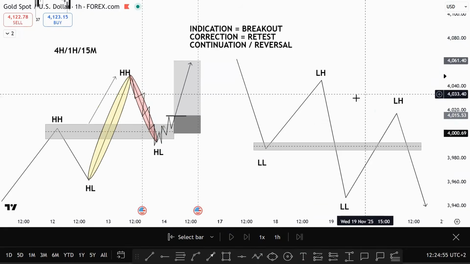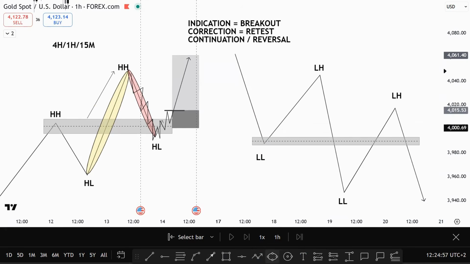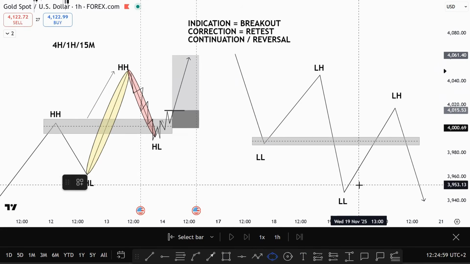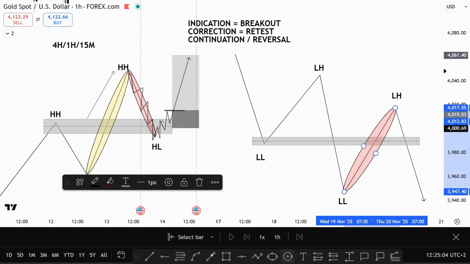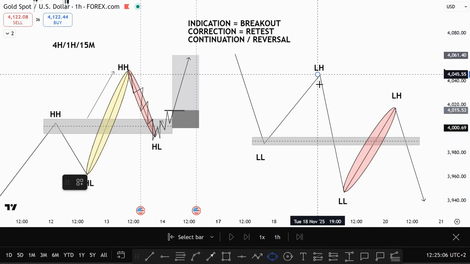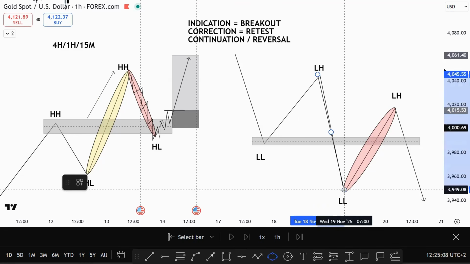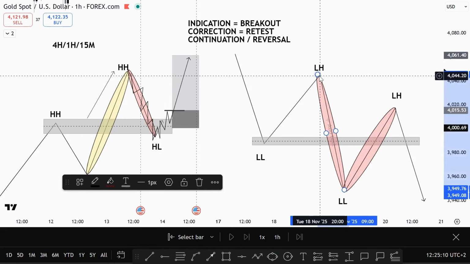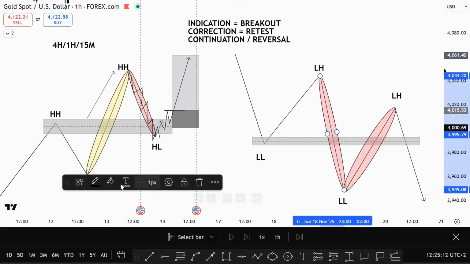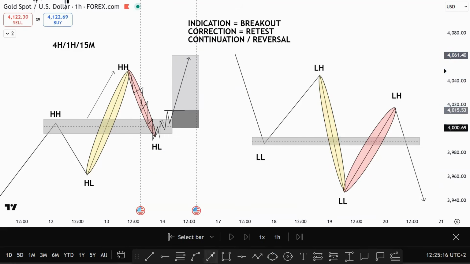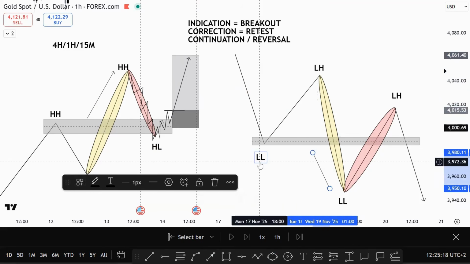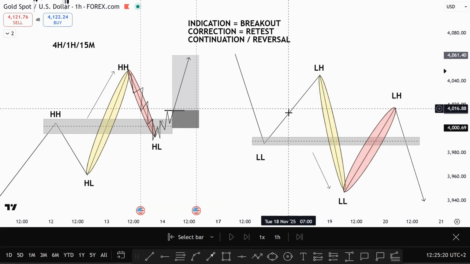So same thing also, I would want to see, like I said, this would be the correction. And then this would be the indication. I'll change the color right now. This would be the indication, right? So with that being said, the indication breaks below a lower low, it's a breakout, like I said.